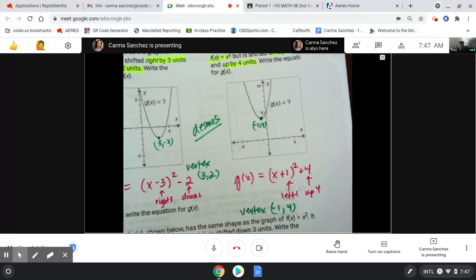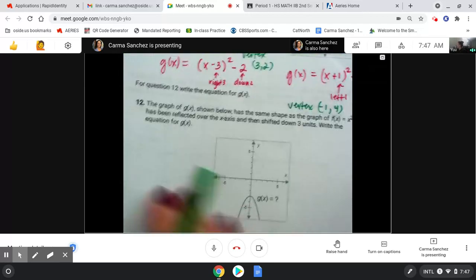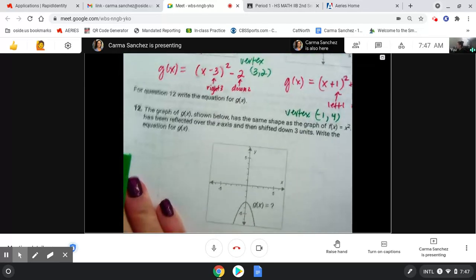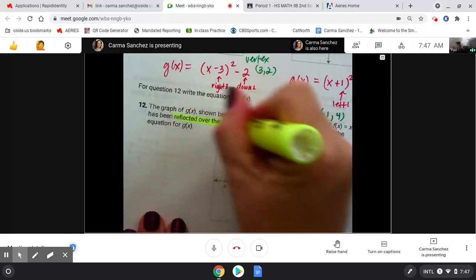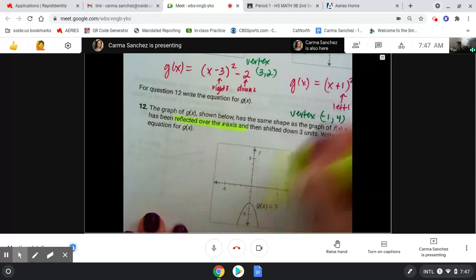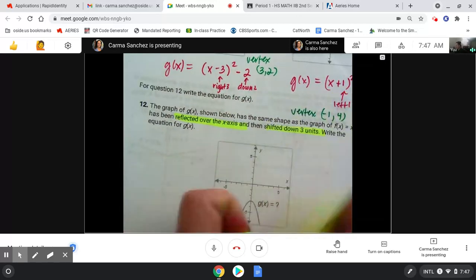All right, let's look at the last one on this page, number 12. We've got a flip. It's being reflected over the x-axis and shifted down. When I see a flipped graph, when I see reflected over the x-axis, I'm thinking negative. There's going to be a negative in this equation, and our original parent was x squared.